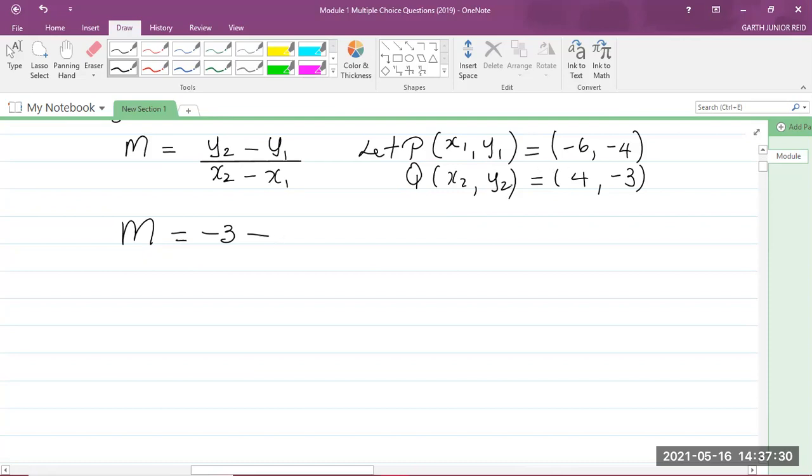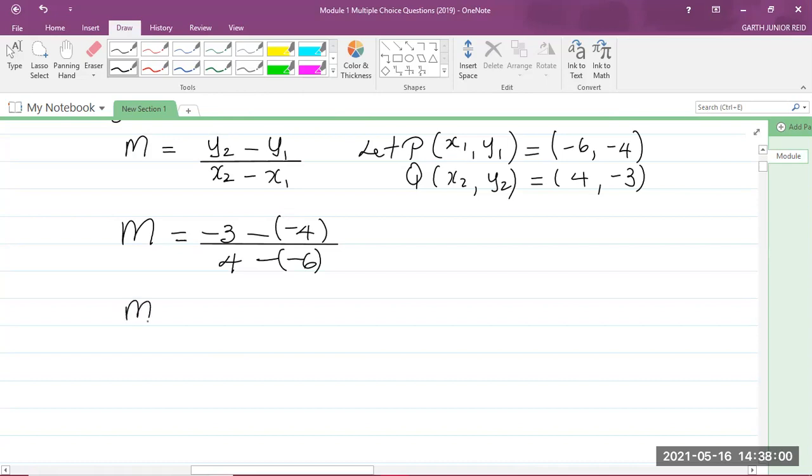Since we have a -4 as the y value, ensure that you use your brackets. The brackets are very important. And x2, the x value for Q, is 4, minus x1, the x value for P, which is -6. Ensure you use brackets because that value is negative.